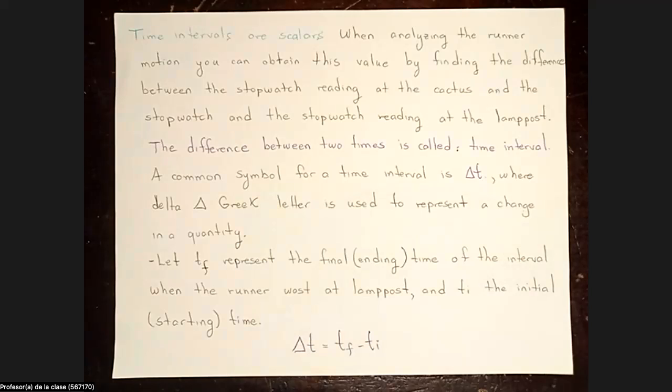It is used to represent a change in a quantity. Let TF represent the final or ending time of the interval, when the runner was at the lamppost, for example, and TI will be the initial or starting time. So delta t will be t final, the final time, minus the initial time, TI. Okay.